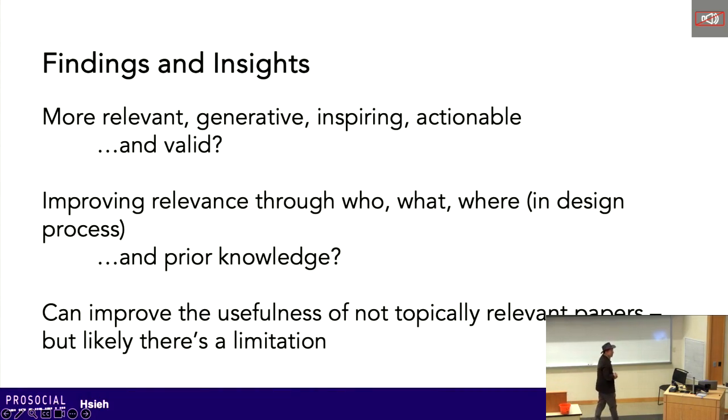They found that those papers can also be really helpful, and the translation helped them see that. Although I suspect there's likely a limitation. Social behavior change theories make sense because you're still ultimately designing for people, but if you pull in a random paper from a completely different field, no matter what kind of personalization we do, you're still not going to find it useful for your design context.